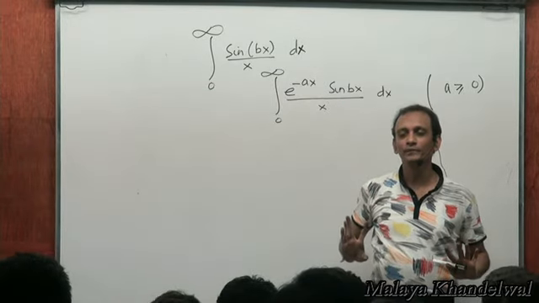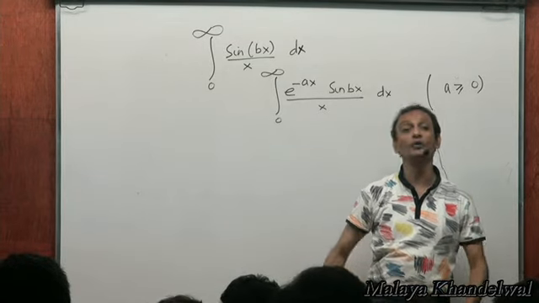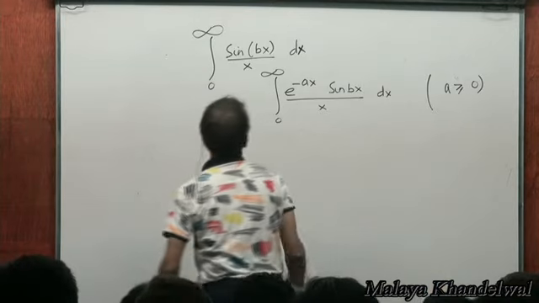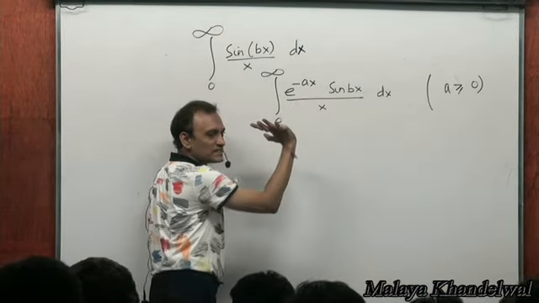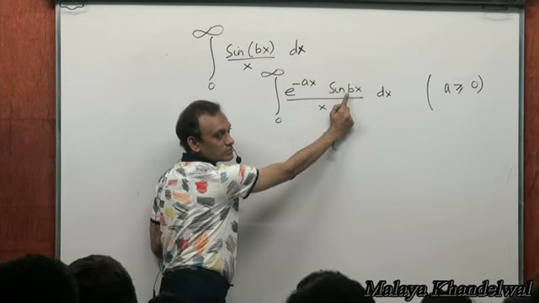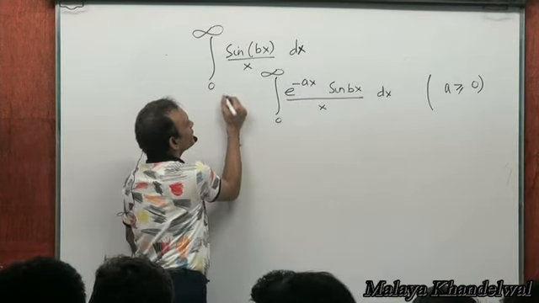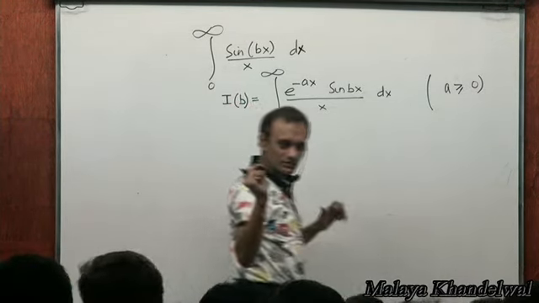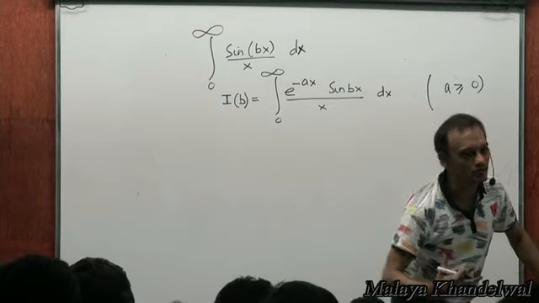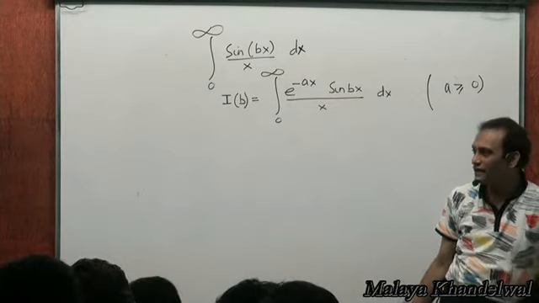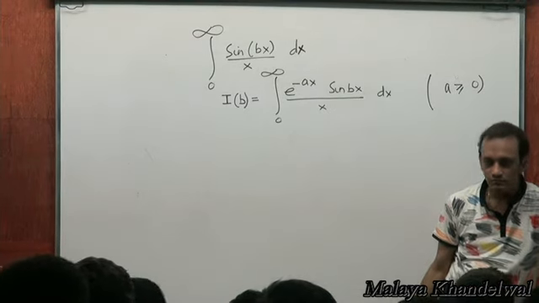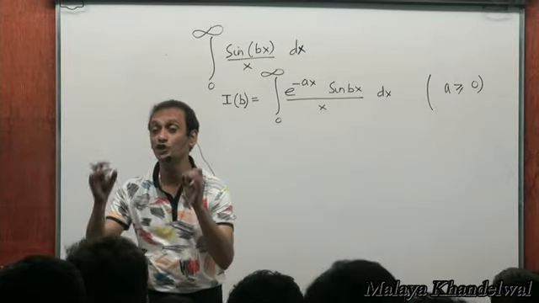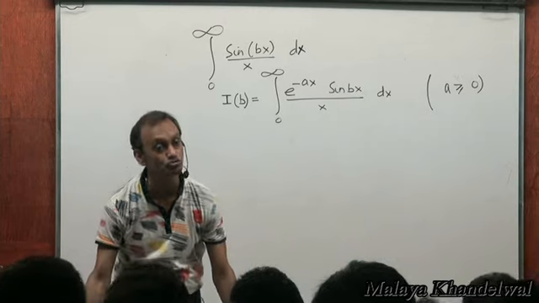Now you will see why the choice of this integral, how it helped. Now say if a is a certain fixed number only and b is a parameter, then on integrating, it will be a function of b. A is a certain fixed number and b is allowed to be varied, then this will be a function of b on integrating and supplying the limits. Now I do I dashed b, differentiate I with respect to b.